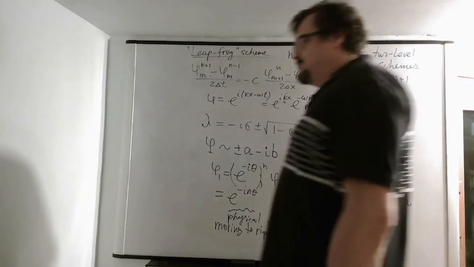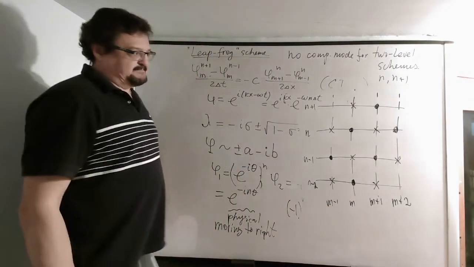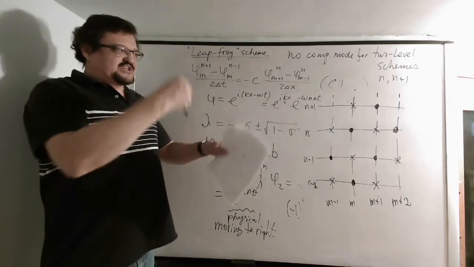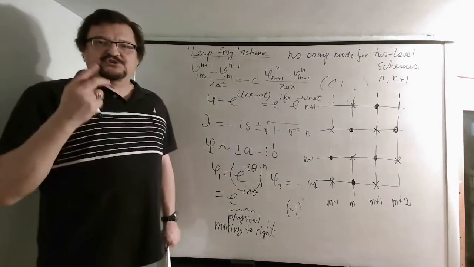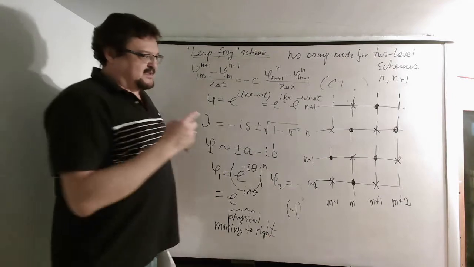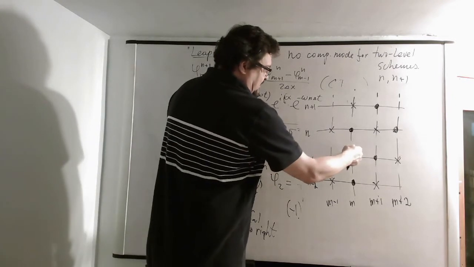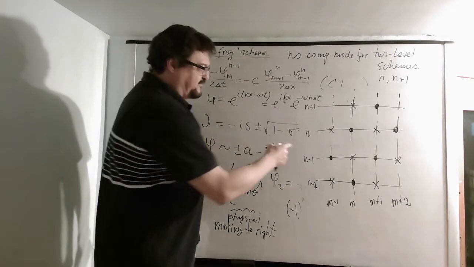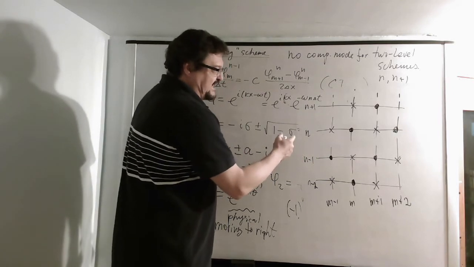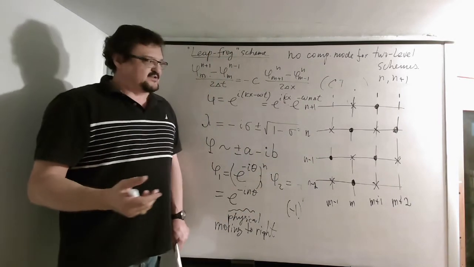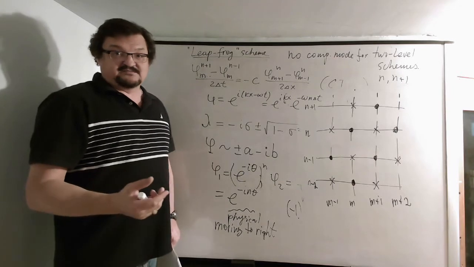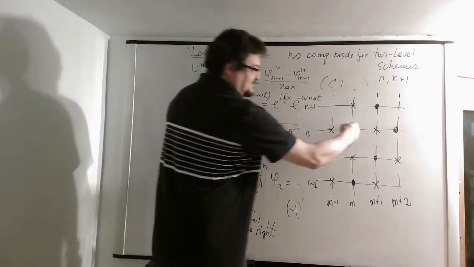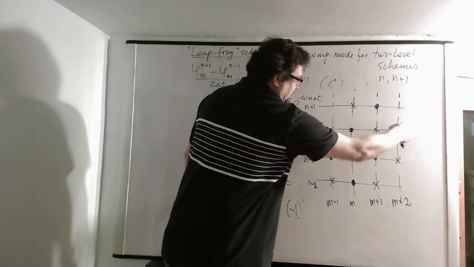So you see with this checkerboard pattern, with each time step we basically create 2 sets of solutions for even or odd time steps. We have completely different solutions that don't talk to each other. They don't intersect.